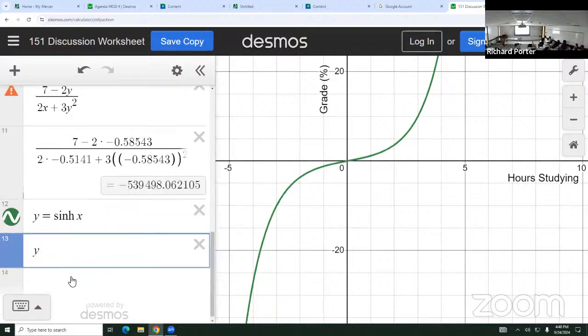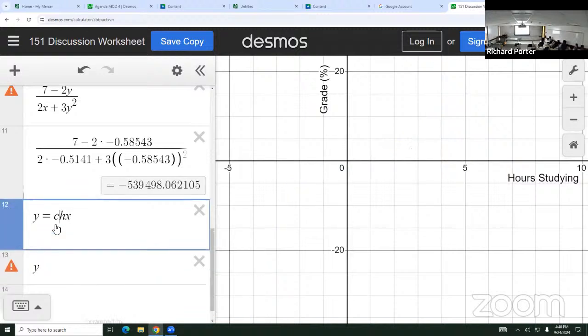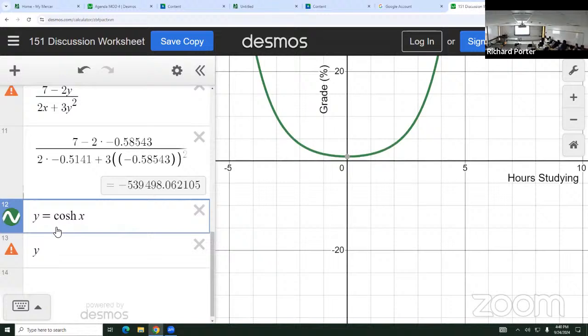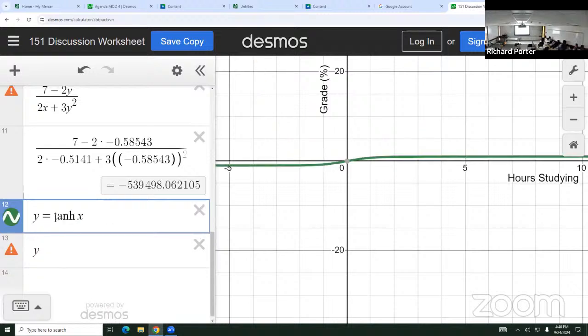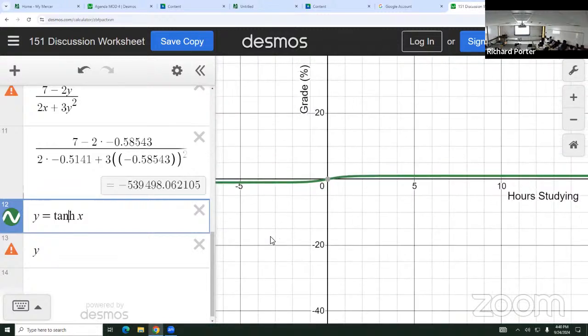Cosh. Let me just put it here. Cosh. That looks like a big old parabola. Hyperbolic tangent. I don't know what that looks like. Okay. Hyperbolic secant.